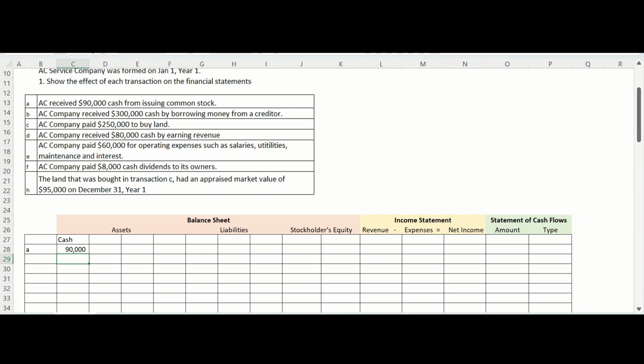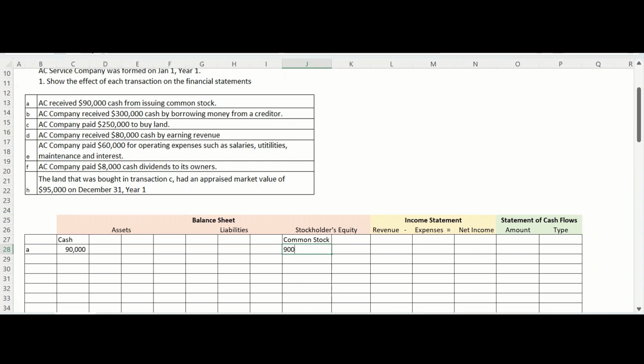And then also the cash is increasing from issuing common stock. So common stock is increasing, and common stock is what type of account on the balance sheet? It is stockholders' equity. So we have common stock also increasing by $90,000.